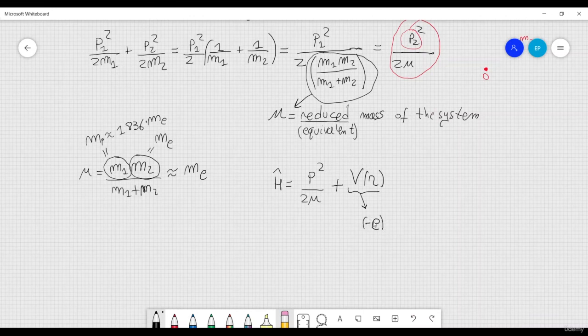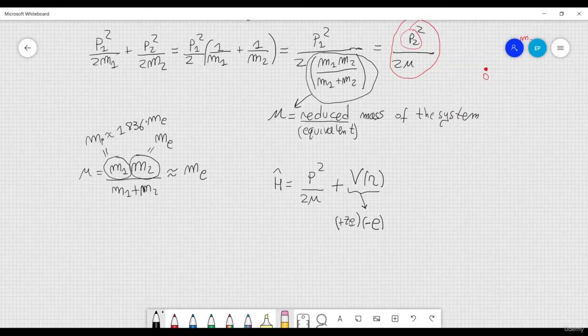Okay, where I consider e to be positive, so I will put a minus sign here because the electron is negatively charged. And then I will have the charge of the nucleus, which is plus z times e, where I'm assuming now that I have some protons in the nucleus and I have no electrons there, and this z here is the atomic number.